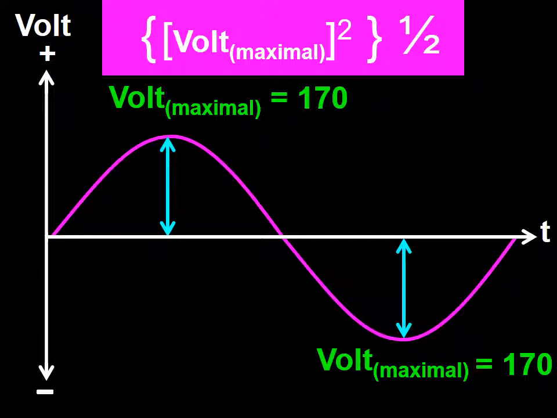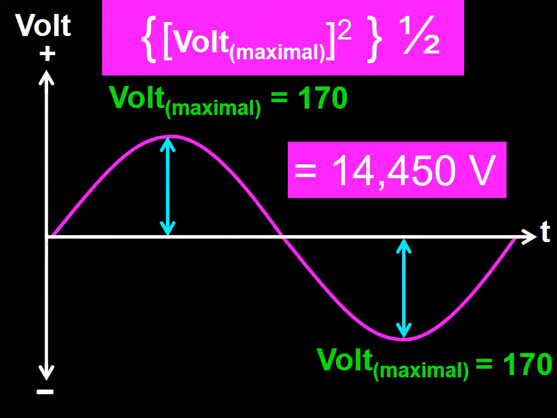We do this by taking the number we just got from squaring Vmax, that is 28,900 volts, and dividing it by 2. So we get 14,450 volts.